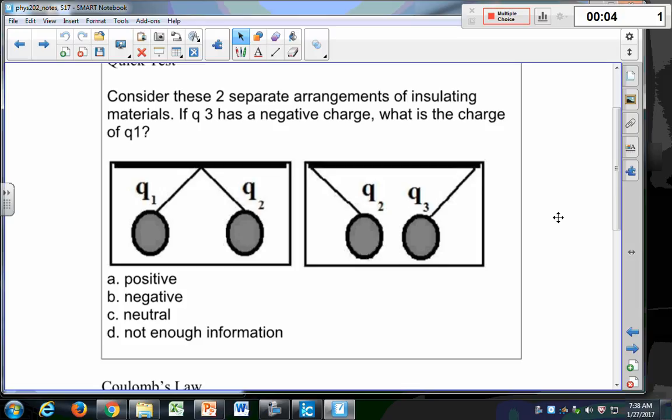Consider these two separate arrangements. If Q3 is negative, what is the charge of Q1?